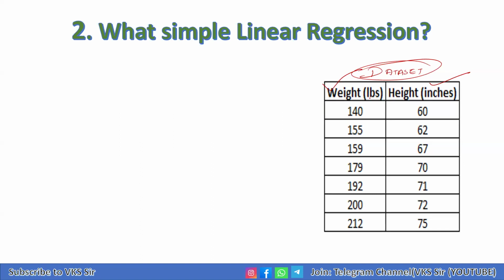Here we have to find out what exactly the relationship between weight and height is. Suppose we want to predict a person's weight based on their height. It means we collect the data on height and weight for a sample of people, right?